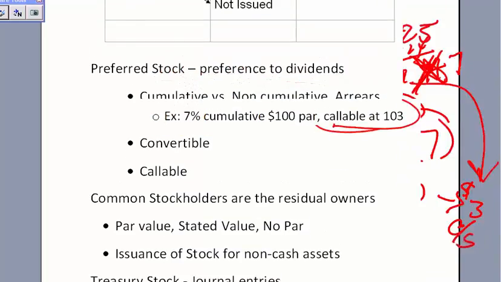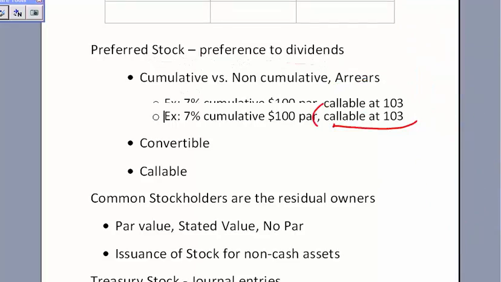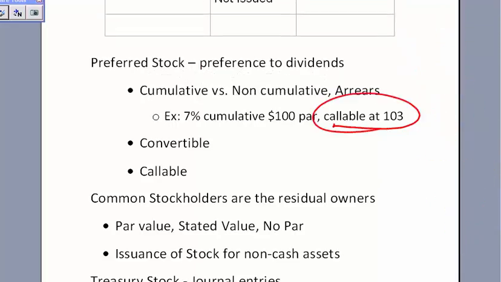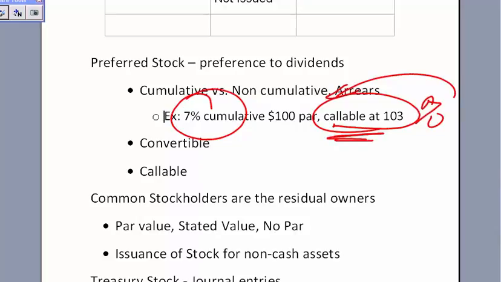Another feature is that it can be callable at, say, 103. Well, that means that the company can buy it back at 103% of the par value. The problem with that is that if you are trying to lock in that 7% because you're a pension fund buying preferred stock of other companies, you want that guarantee and you don't want it to be callable, because if it is callable, then you've lost that guarantee of 7% return.